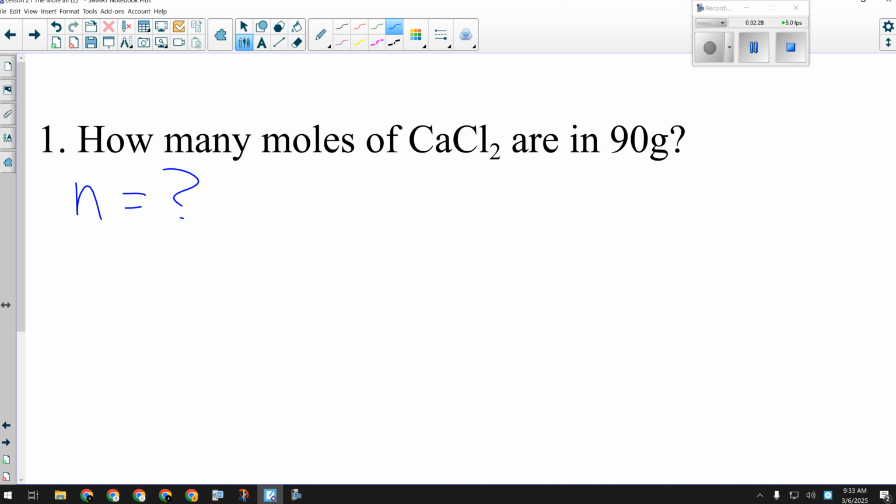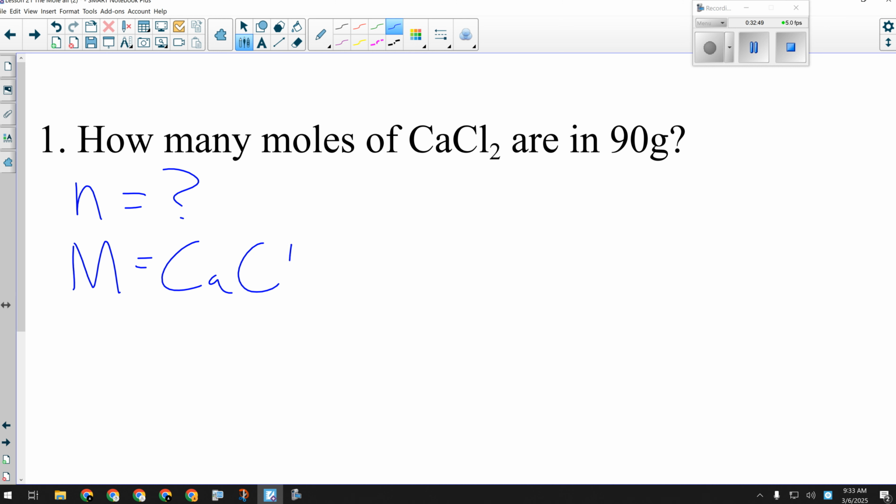And then they tell me that the stuff I'm talking about is calcium chloride. What can that help me find? Molar mass. Yeah, it can help me find big M. Anytime I'm given the material, which I kind of have to be given, I can calculate big M. So go to my periodic table.